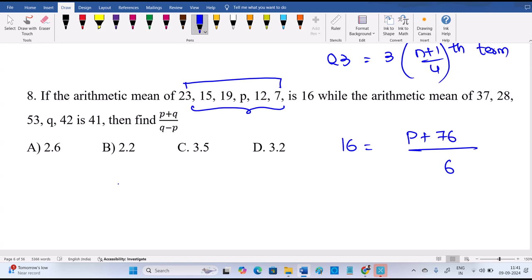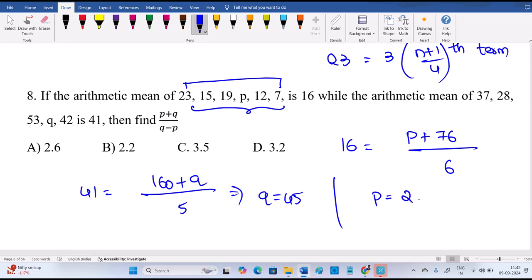The other one has arithmetic mean 41, but number of terms is 5. 37 plus 28, 65, and here 95 means 160 plus q, right? We can calculate p and q. Here it's 205 and 160, so q is equal to 45. Here 96, 76, so p is equal to 20. Now the question is p plus q divided by p minus q.